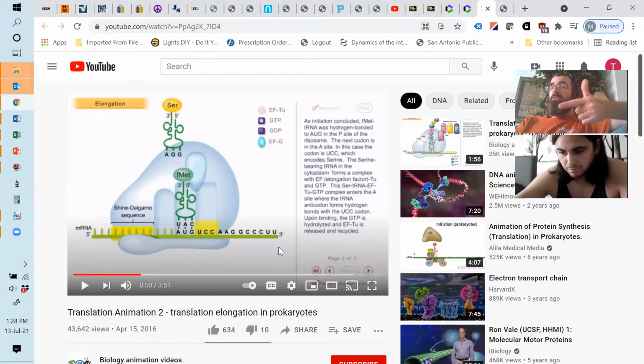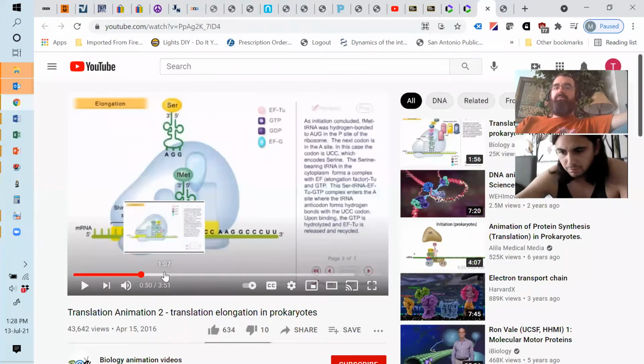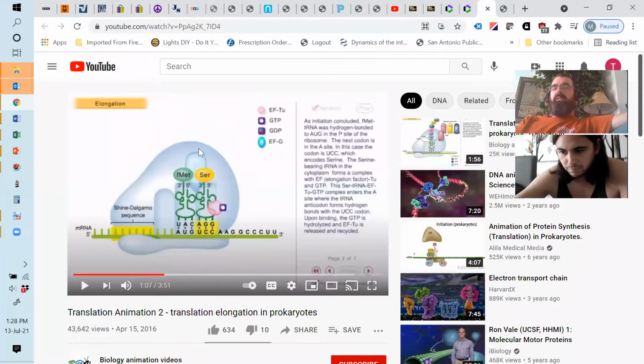There's energy used to bring the tRNA in, and that's for every single tRNA. And that brings the tRNA into the A site. And when it's there, then this GTP gets hydrolyzed to GDP, and those proteins then leave, right?